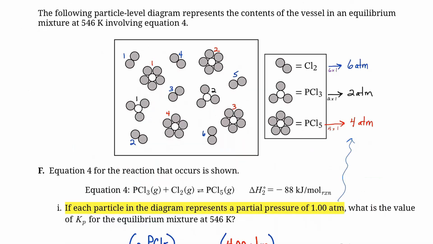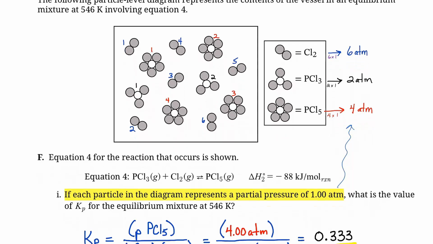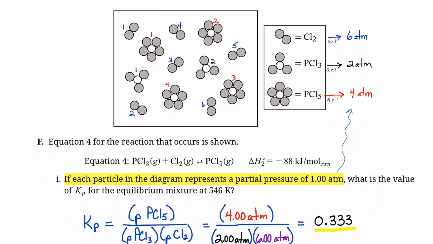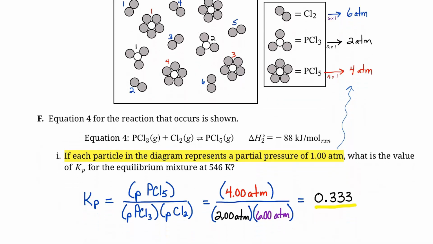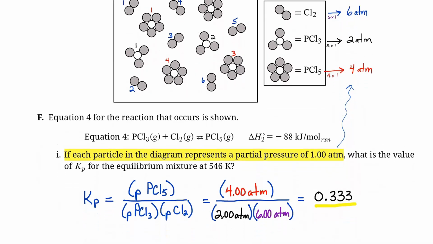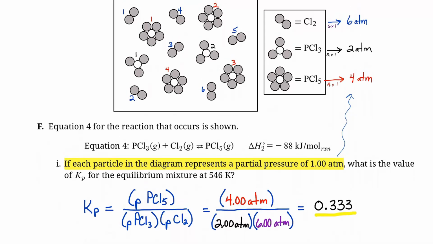In question F, we have a particulate diagram of the 3 gases we saw in the previous question. What we're going to do here is calculate the Kp for the equilibrium mixture. A very important hint here is they said that each particle in the diagram represents a partial pressure of 1 atmosphere.